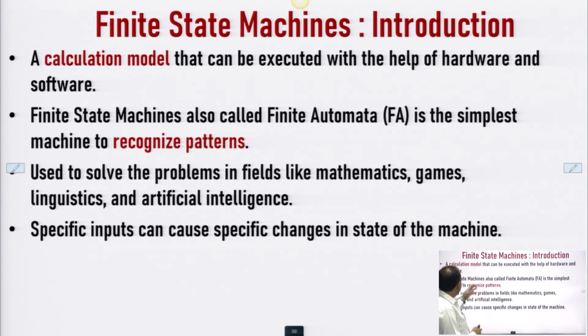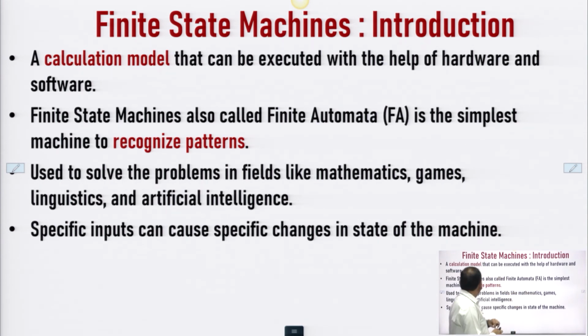As you can see in this slide, finite state machine is defined as a calculation model that can be executed with the help of hardware and software. Finite state machines are also called finite automata, and in short it is written as FA. FA stands for finite automata.